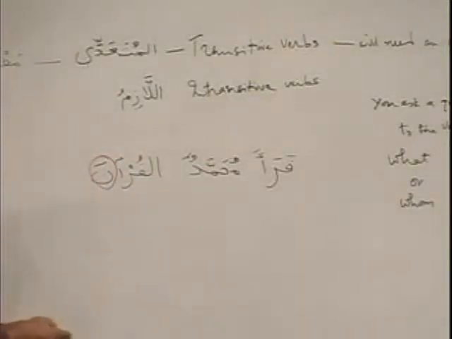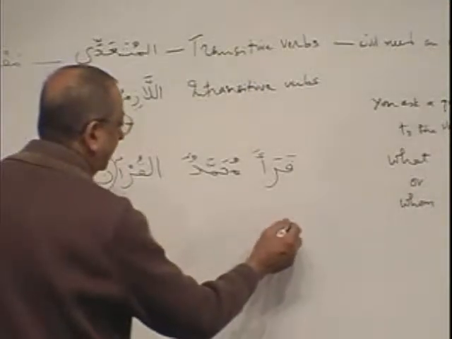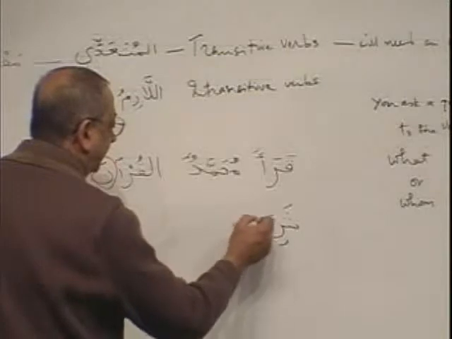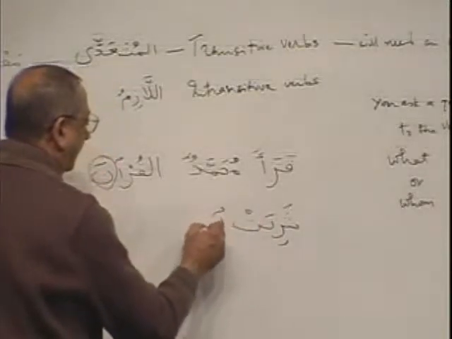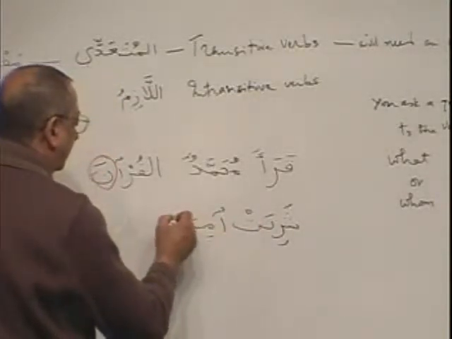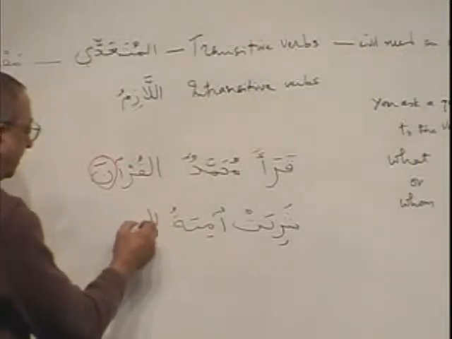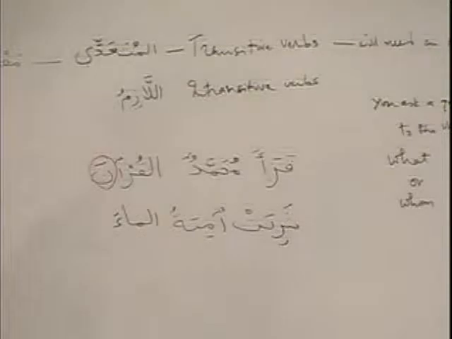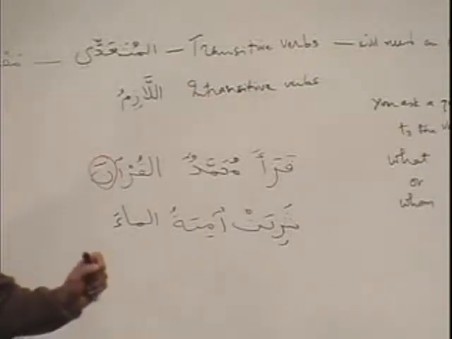I say, Sharibat Aminatu al-ma'a. Sharibat. Where is the verb? Shariba. Then ta'u tanisi.